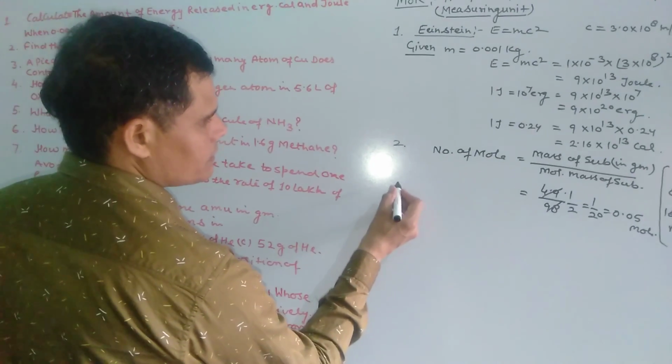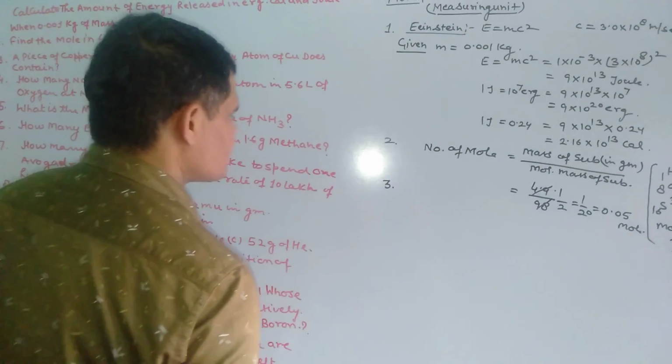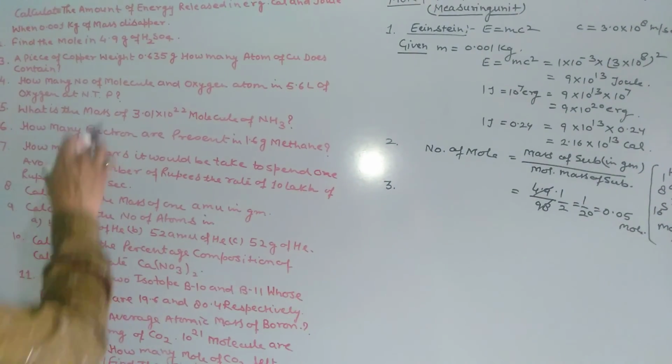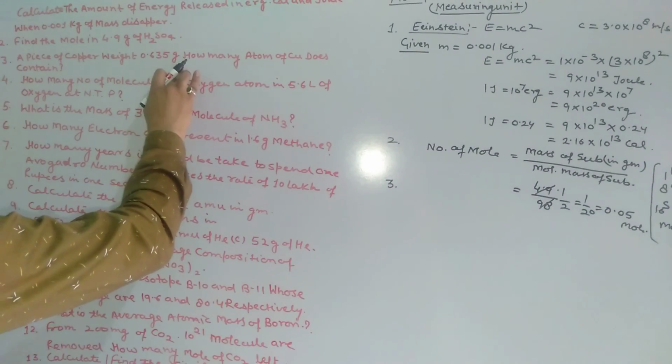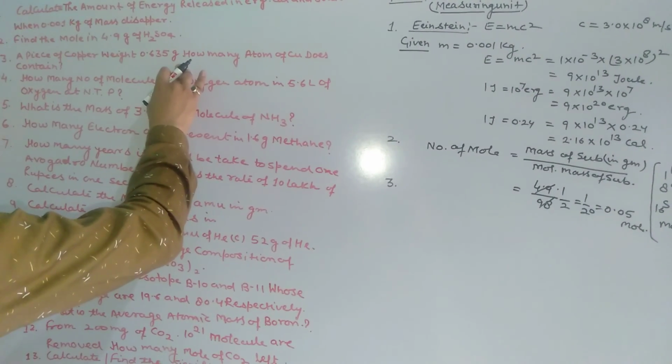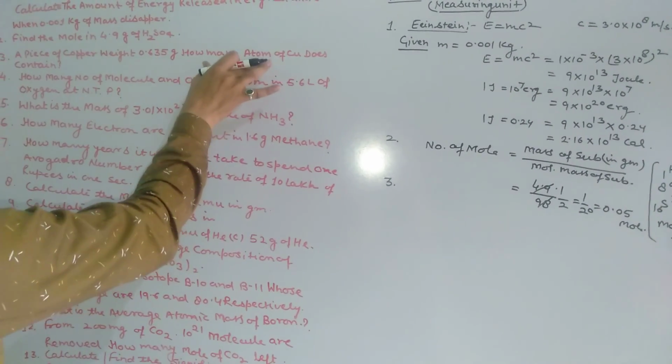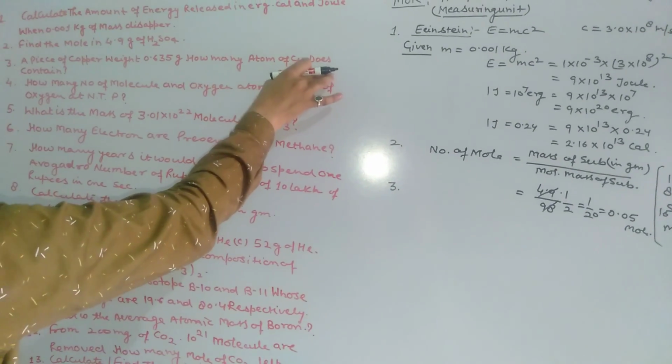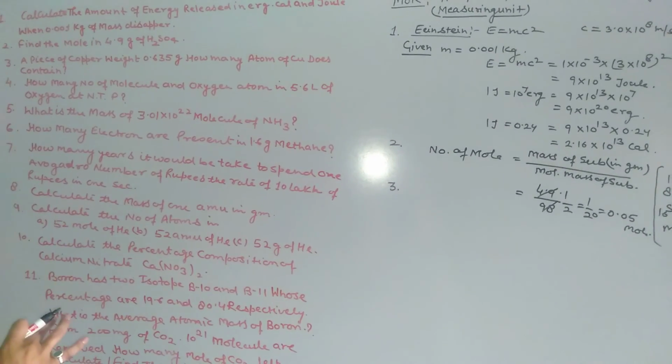Next question, third. A piece of copper having weight 0.635 gram, how many atoms of copper does it contain?